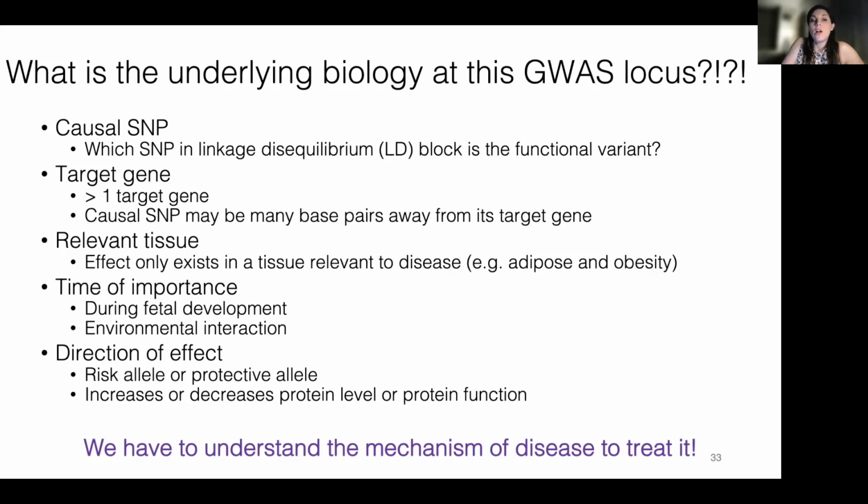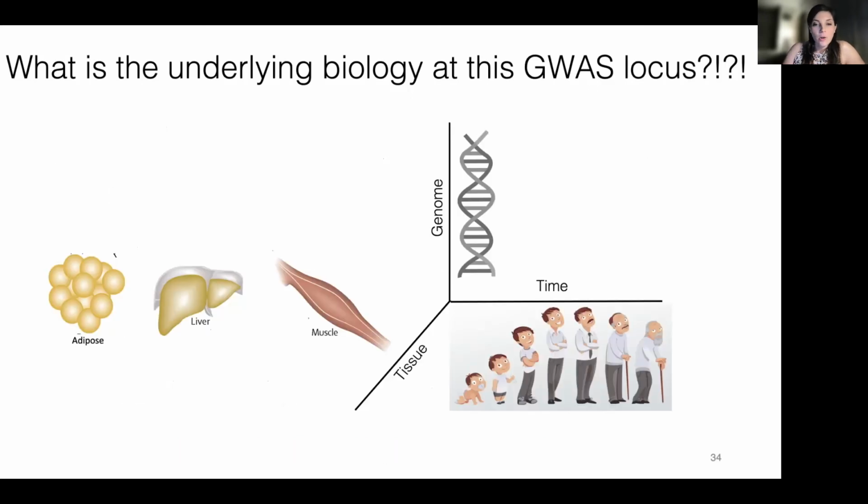So we have to understand all of these to understand the mechanism and then therefore the disease and think about treatment, which I think for a lot of us is our goal. So this is just a nice way to visualize that we have to think along an axis of the tissue, along the axis of the genetic variation that exists in the genome, and then along the axis of time.